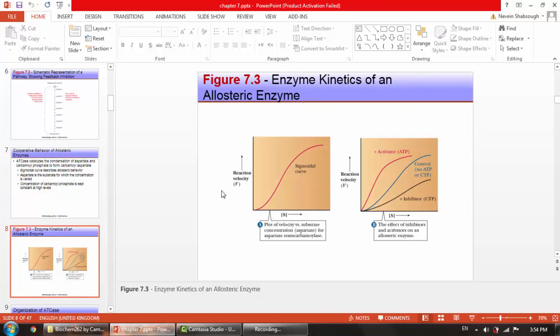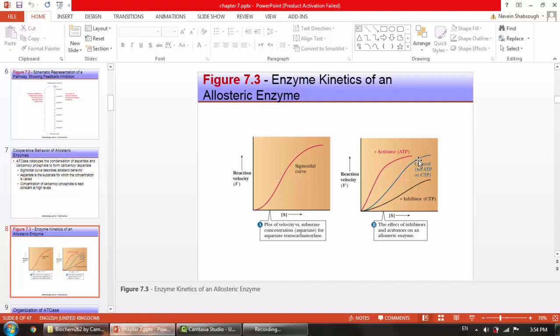Now when we plot, this is the plot between velocity and substrate concentration, and you can see here the sigmoidal type of curve. This is the control, no ATP or CTP, the blue line. Now when we add the inhibitor, the curve shifts to a higher substrate concentration and becomes more sigmoidal at this high concentration of substrate.